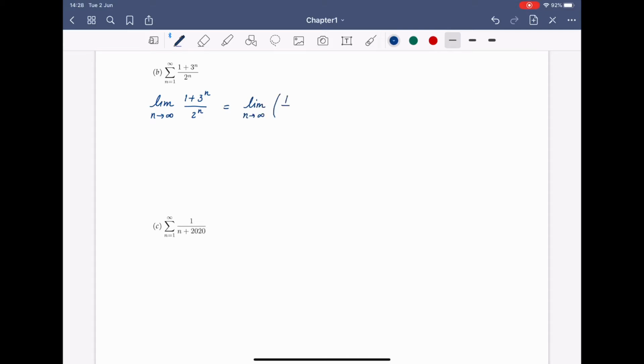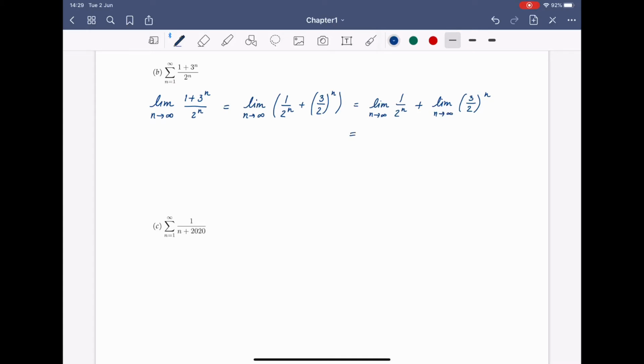After we simplify, I have 1 over 2 to the n plus 3 over 2 to the n. Then I have the limit of 1 over 2 to the n as n goes to infinity plus the limit of 3 over 2 to the n as n goes to infinity.